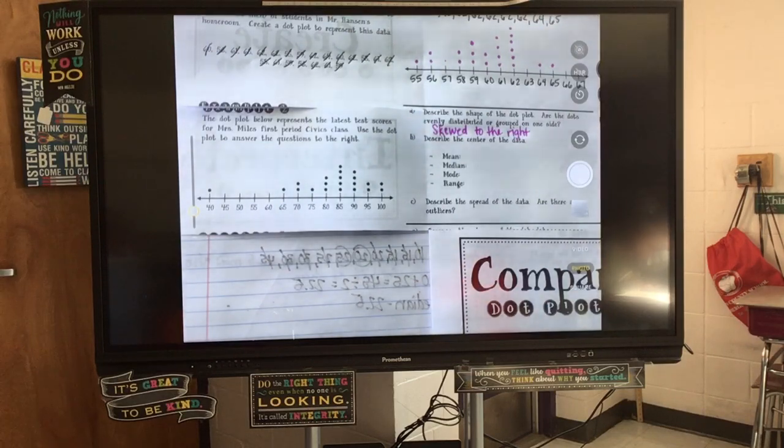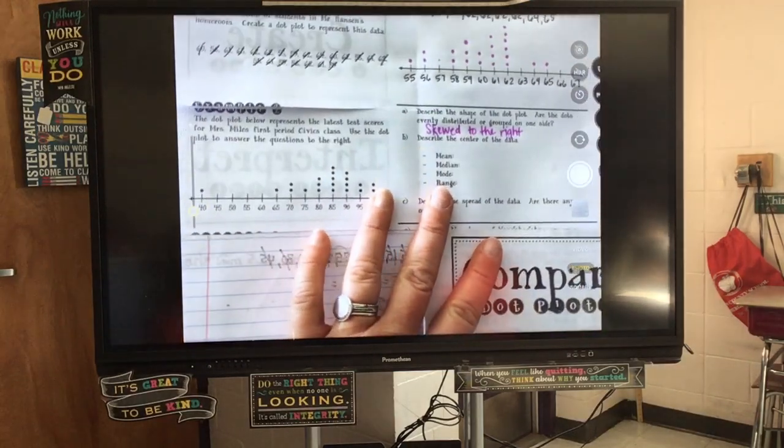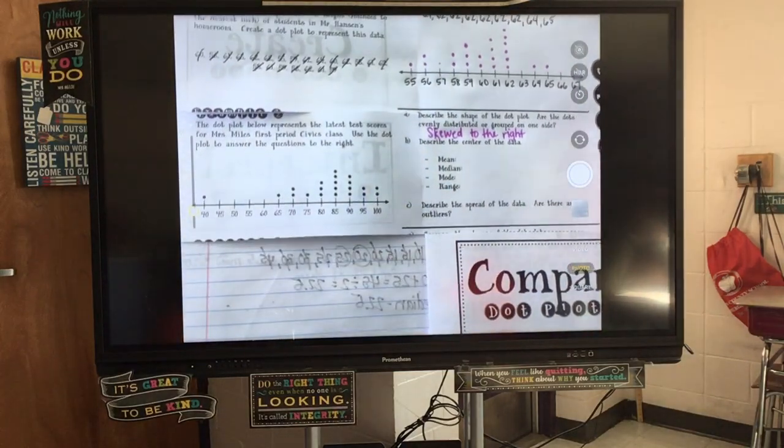Okay, now it says describe the center of the data. The center of the data is dealing with mean, median, mode, and range. So how do we find the mean? What would we have to do here? Add all the numbers together and divide.